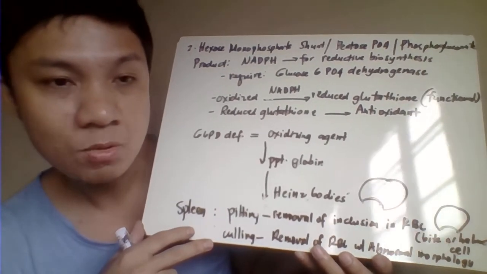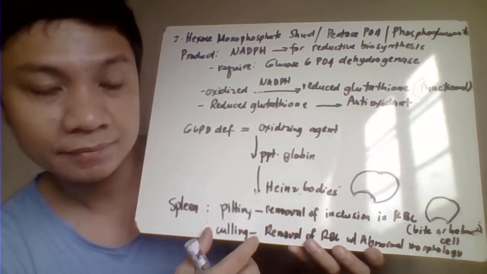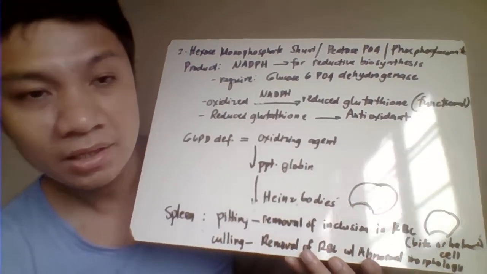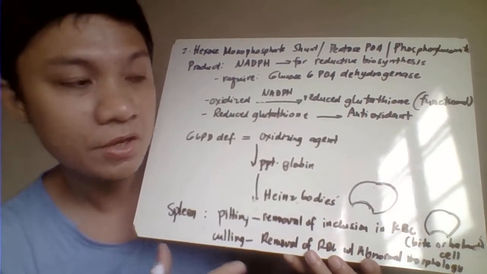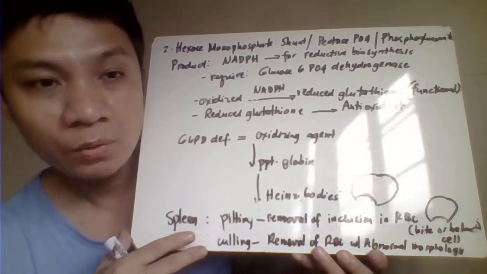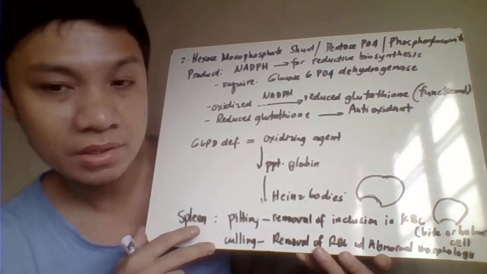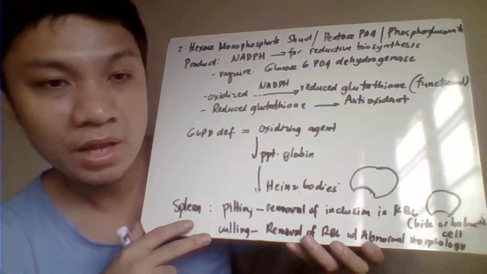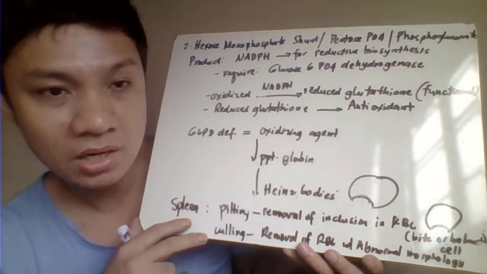Now, once it becomes a bite cell or helmet cell, when the spleen sees it again, it notices the abnormal shape; this is an abnormal RBC. Now, the spleen will destroy those RBCs having abnormal morphology, including your bite cell or your helmet cell, in the process called culling. Once the RBCs having abnormal morphology are destroyed, this will result in hemolytic reactions. And therefore, they will rupture, and the patient would experience hemolytic reactions.